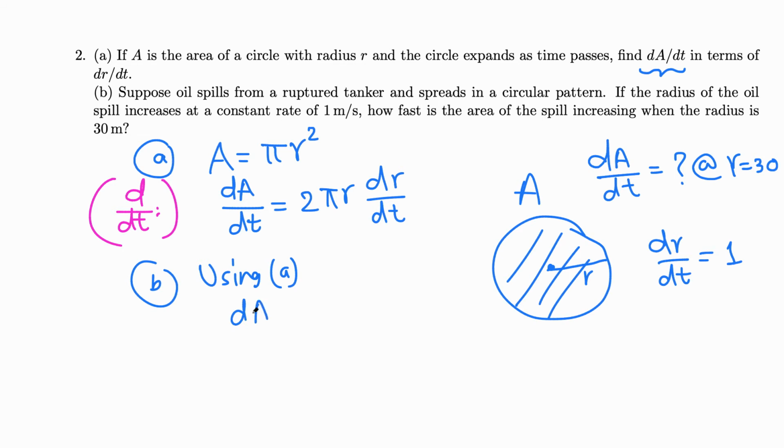We can determine the rate at which the area of the spill is changing: 2 times pi, about 3.14, never go for decimals, times r, at the moment when the radius is 30 meters, and dr over dt is 1. That is 30 times 2, 60 pi. The units: 30 is meters, 1 is meters per second, so it's square meters per second.